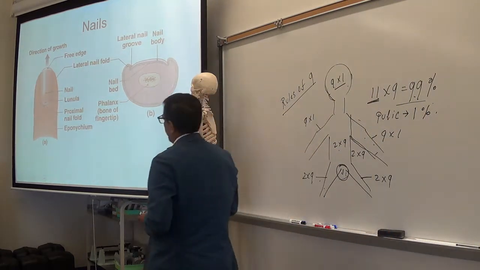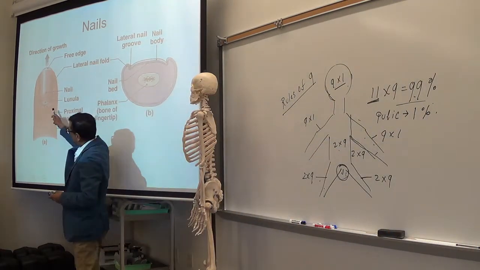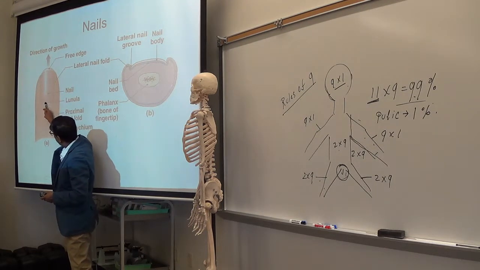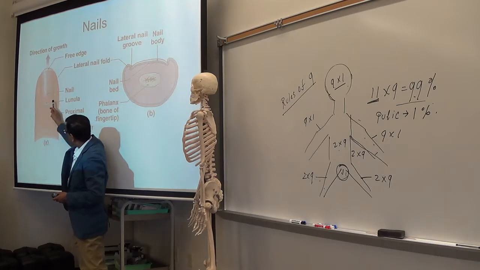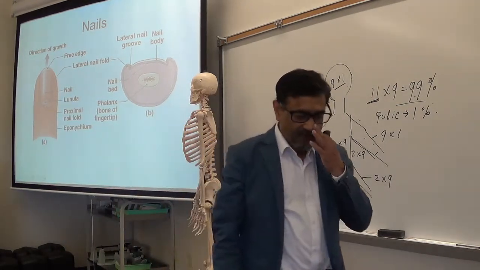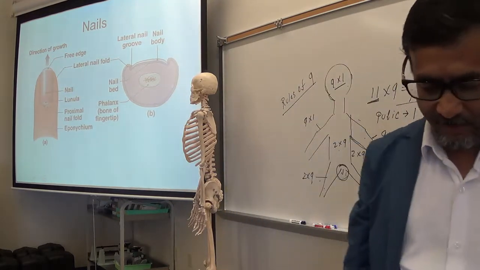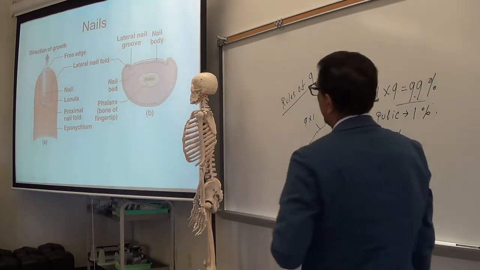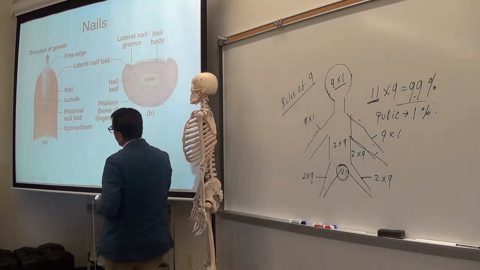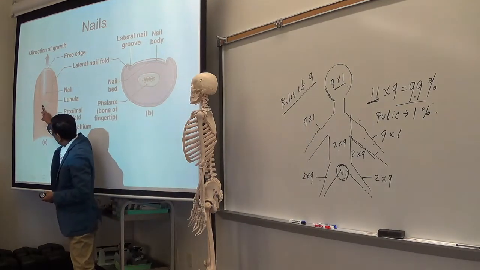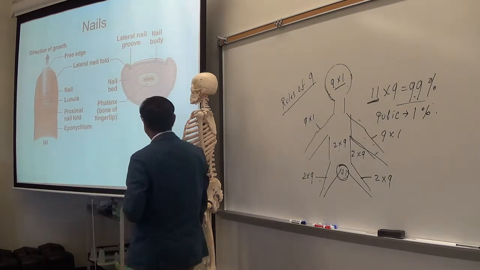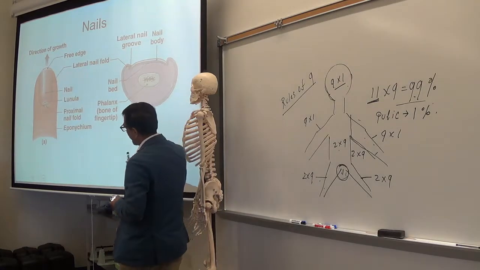And then the most proximal part that you can see, whitish color, crescent shape, that's the lunula. So those are three parts you can see from outside: free edge, nail body, and lunula. But inside your finger, you have other structures of the nail. Anyway, we'll see those parts later.